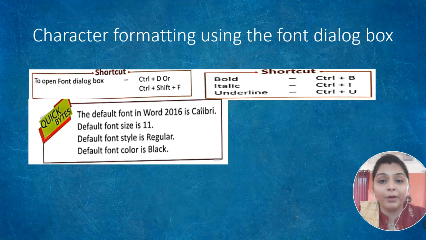Whenever you open Microsoft Word, your text will be written in these formats. The settings that are already predefined in a software are known as default settings. You have to learn the default font, font size, style and color. It can come in MCQs.